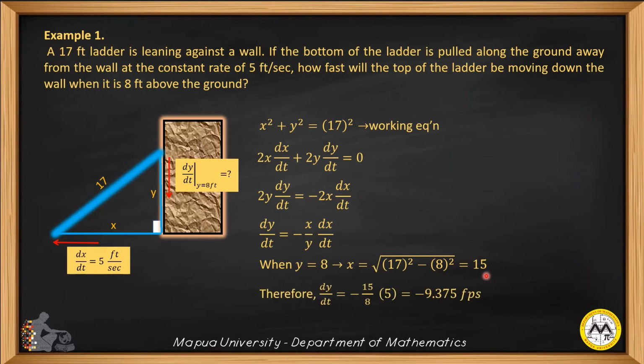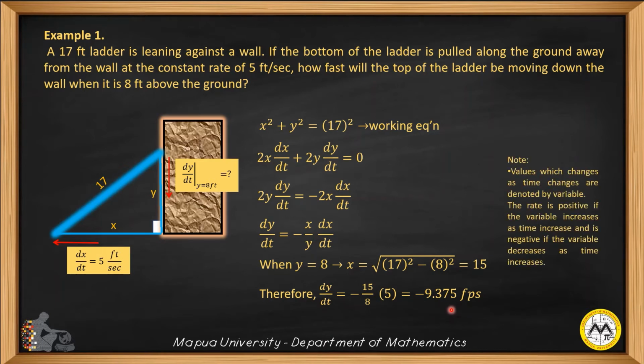Therefore, when we substitute x equal to 15, y equal to 8, and dx/dt equal to 5 feet per second, we end up with dy/dt equal to negative 15 over 8 times 5, or negative 9.375.